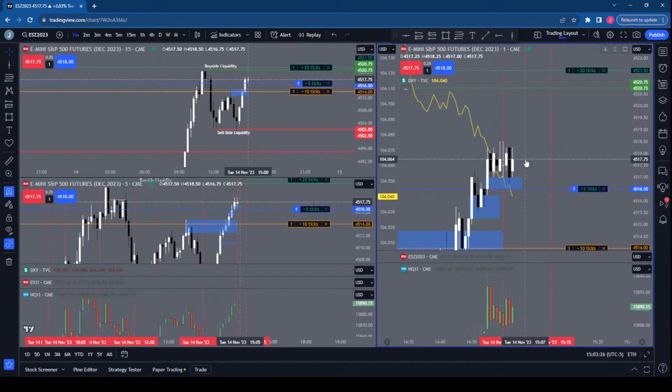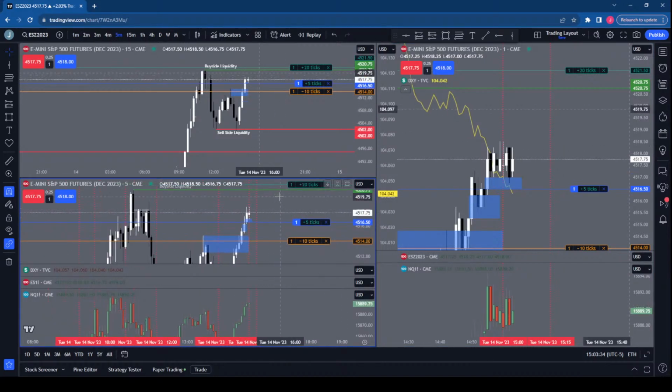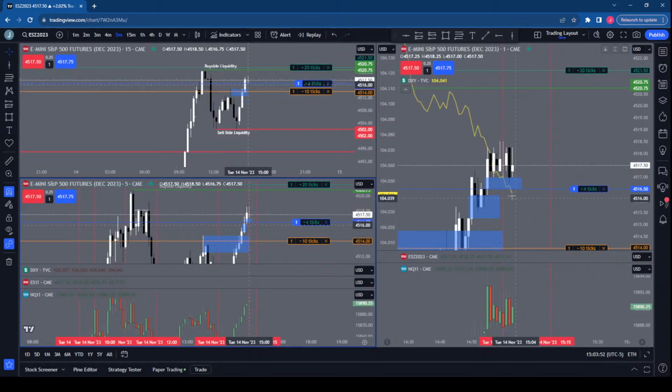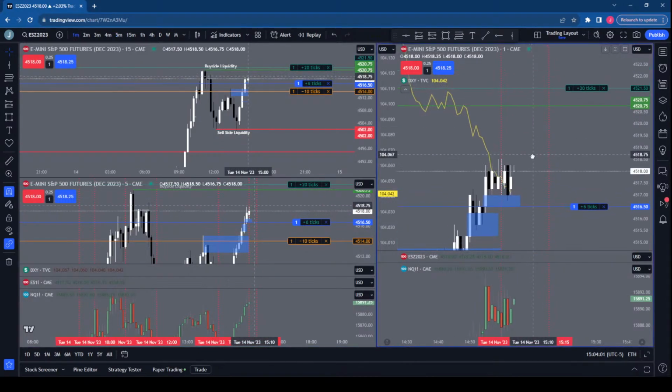It was like those inversions that we had called out, but I was a little too focused on the downside. Dollar's still going down. Come on.